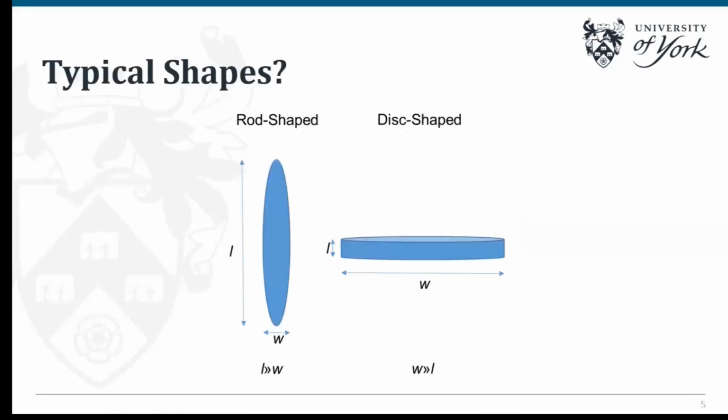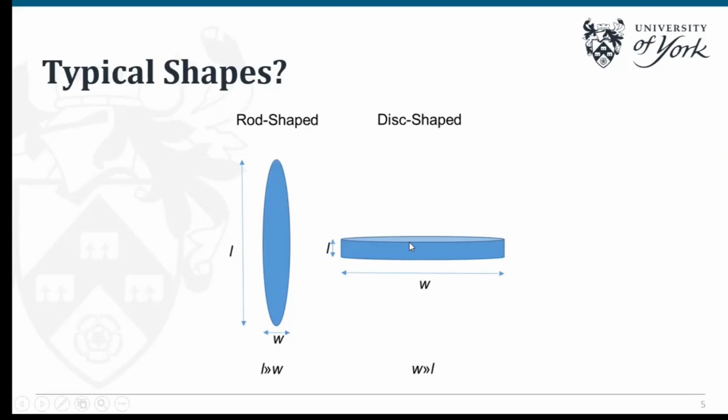In order to have a liquid crystal phase, molecules need to have a particular property known as anisotropy, which is where one of the molecular dimensions of the molecule is significantly different to the others, with two most typical shapes being the rod-shaped molecules, where they're much longer than they're wide, or disc-shaped, where their width is much wider than the length.